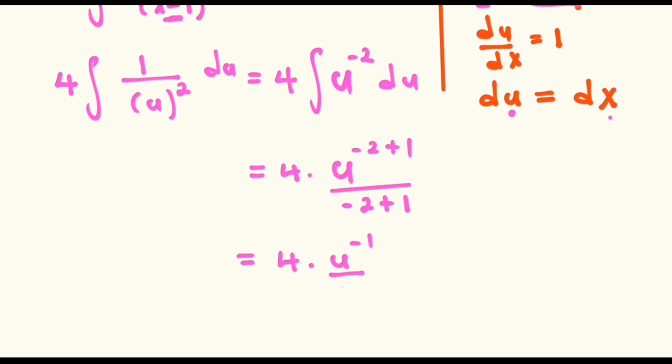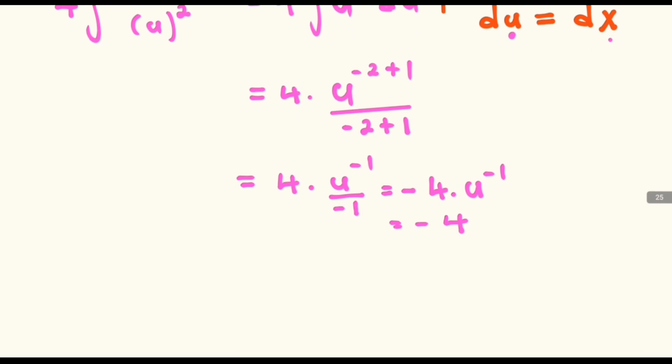Negative 2 plus 1 is equal to negative 1, and this will be equal to negative 4 times u raised to the power negative 1. But we can take the u to the denominator from the numerator, and the exponent will change sign from negative 1 to positive 1. We have the plus c.